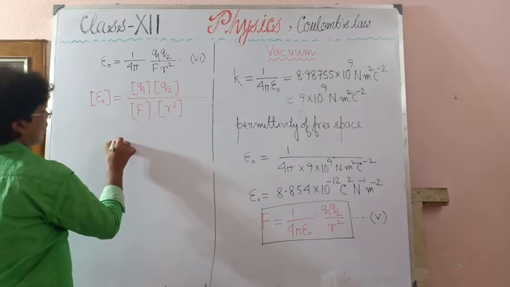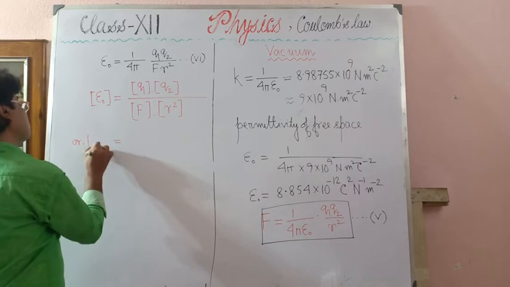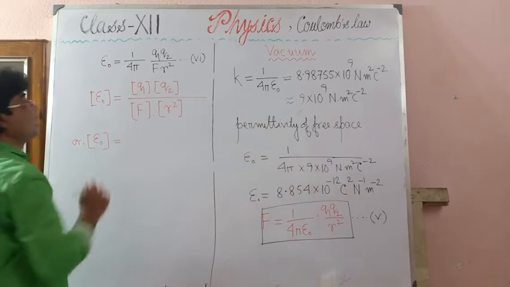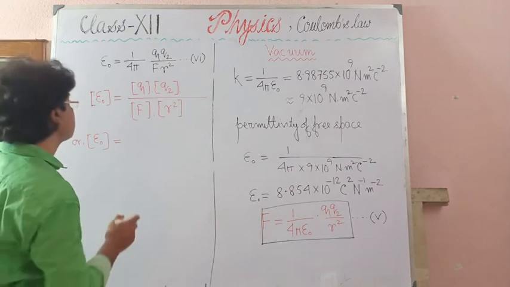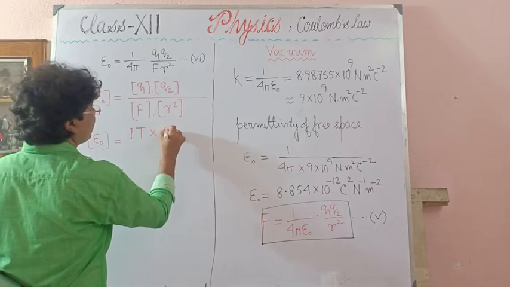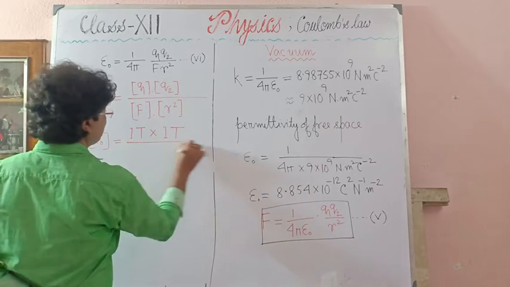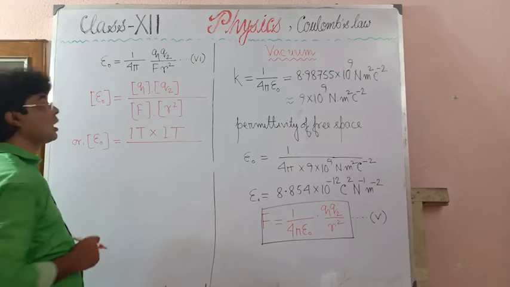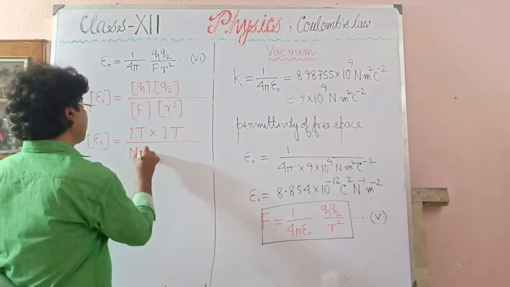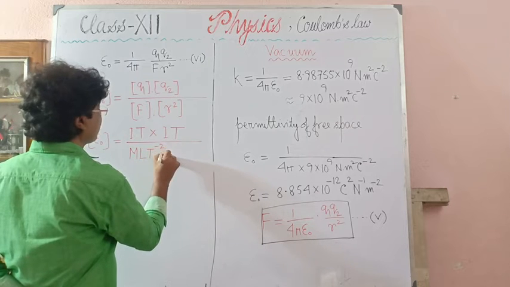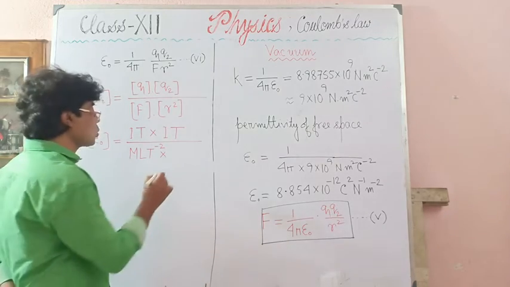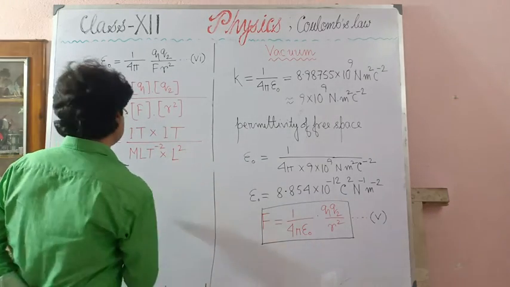Now, the dimensional formula of charge is IT, so IT into IT by; dimensional formula of force is M L T to the power minus 2, into dimensional formula of R square, which is L square.